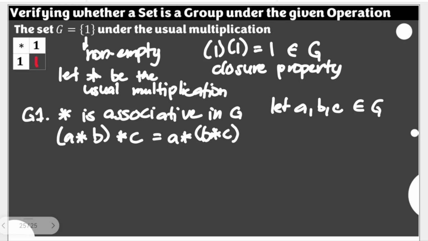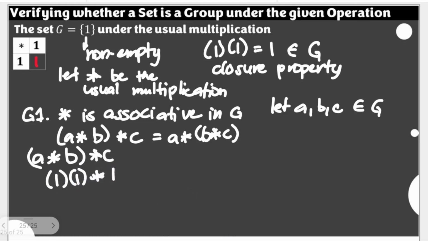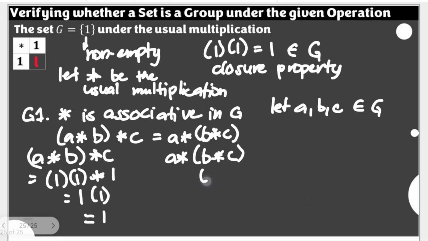But of course, we're going to establish this here. For our left hand side, (A star B) star C, under usual multiplication, you have 1 times 1, then star 1, which is times 1. We have the result of 1 for our left hand side. For our right hand side, you have A star (B star C). So we have here 1 times 1 still, then A star that.